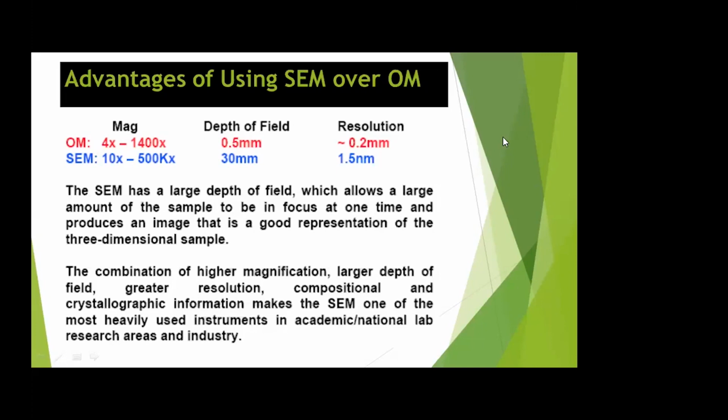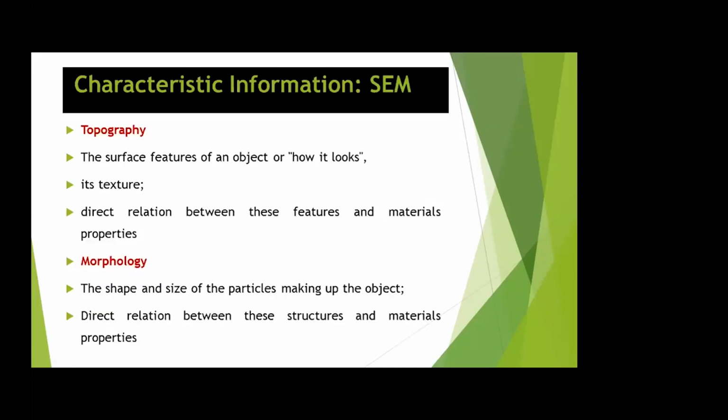The combination of higher magnification, larger depth of field, greater resolution, and compositional and crystallographic information makes the scanning electron microscope one of the most heavily used instruments in academic and national lab research areas and also industry.